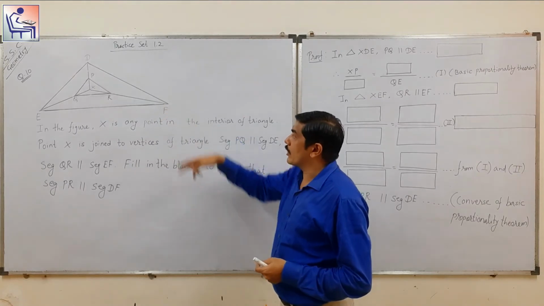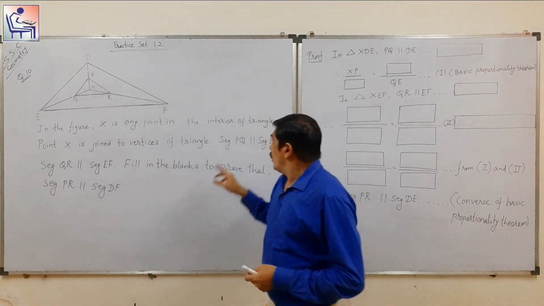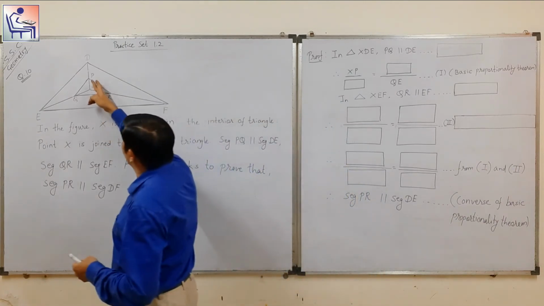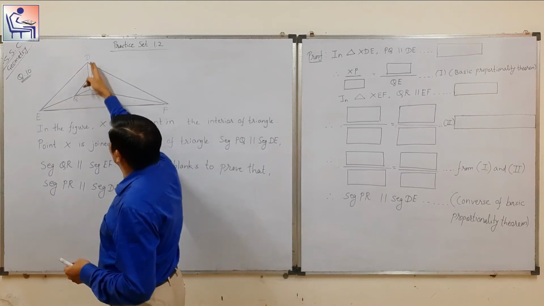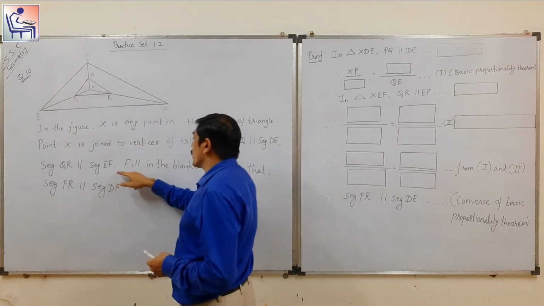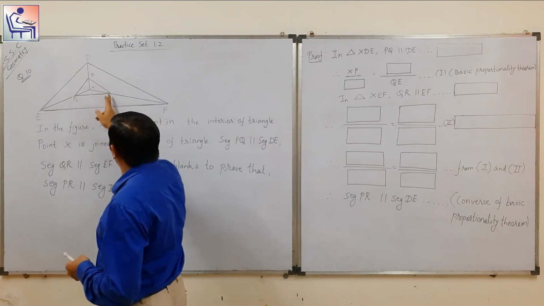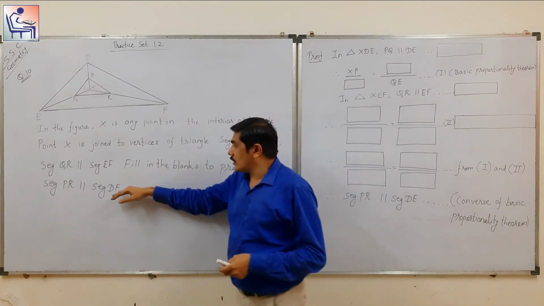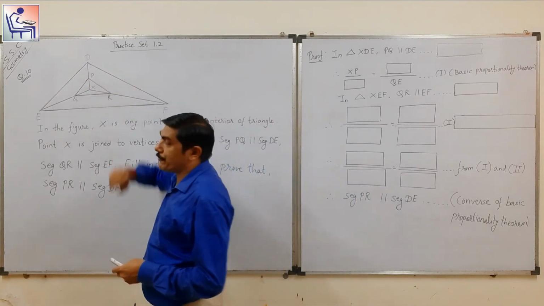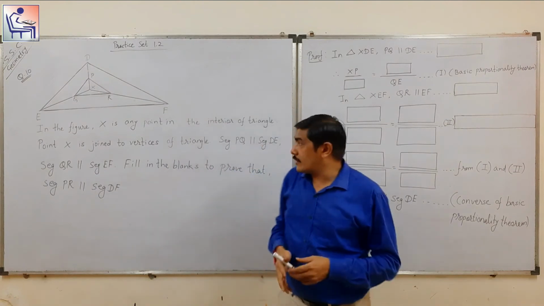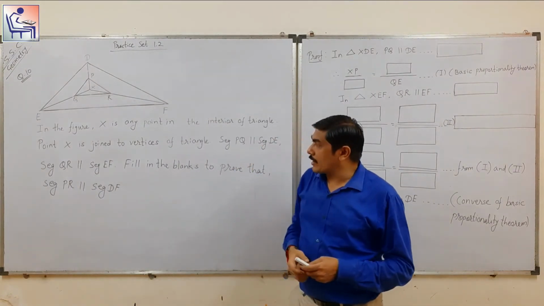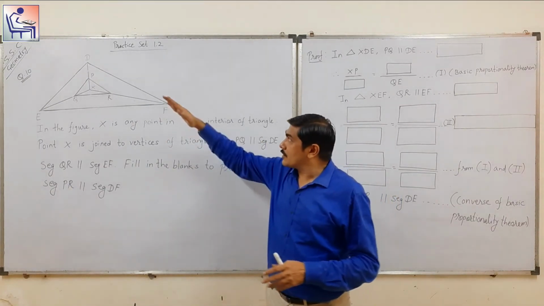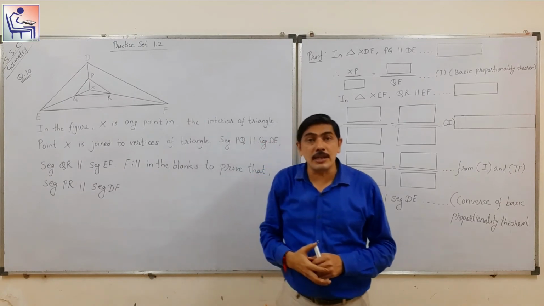Point X is joined to the vertices of the triangle. Segment PQ is parallel to segment DE, and segment QR is parallel to segment EF. Fill in the blanks to prove that segment PR is parallel to segment DF. It is already given that PQ is parallel to DE and QR is parallel to EF, and you have to just prove that segment PR is parallel to segment DF.